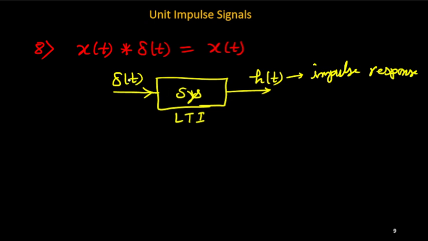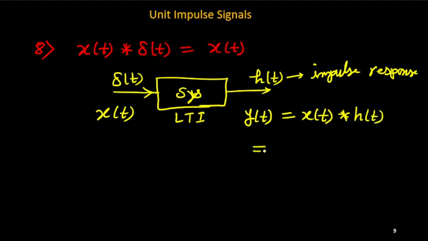And the thing is that if this is known, then for any arbitrary signal x of t, we can get the corresponding output y of t, which is nothing but the convolution between x of t and h of t. We'll discuss how to get this in detail in the next video.